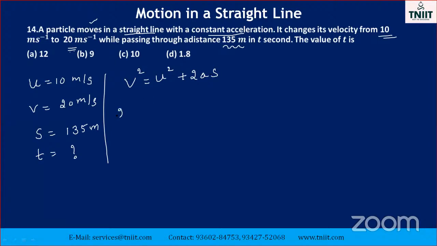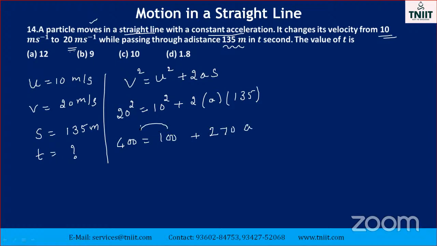What is v? 20 squared. What about u? 10 squared plus 2, into acceleration, which we don't know, and the distance covered, 135. 20 squared will be 400. 10 squared will be 100 plus 2 into 135, which is 270.